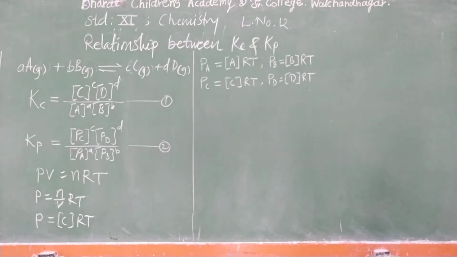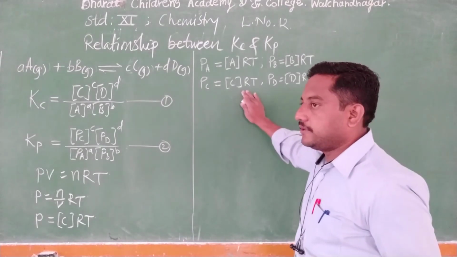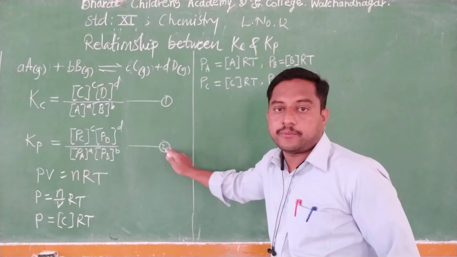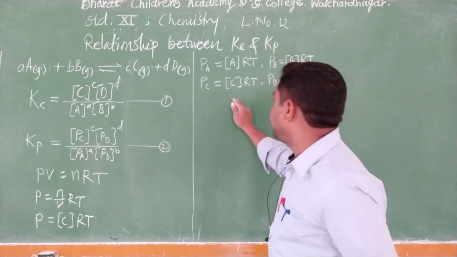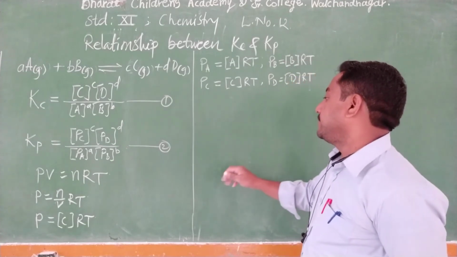Now, one may have a doubt about where we should put the values, whether in Kc or Kp. We must put the values into the Kp equation, so these values will be substituted into equation number 2. Let us see what will happen if we put the values into equation number 2.